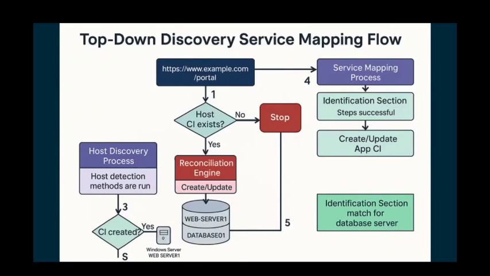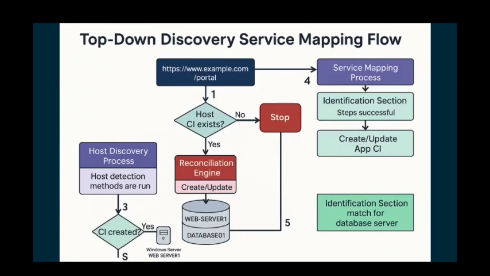If the answer is yes, the system can move forward. If the answer is no, then it launches what's called the host discovery process. This process uses detection methods, scanning, classification, identification, and exploration to figure out exactly what's running on that host.